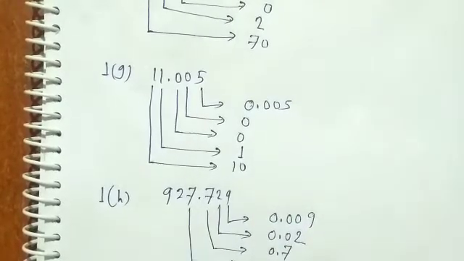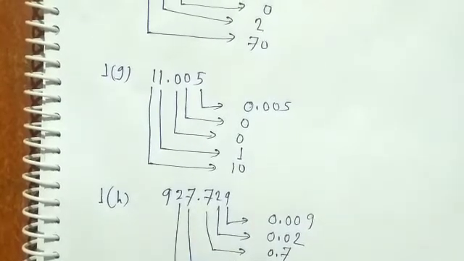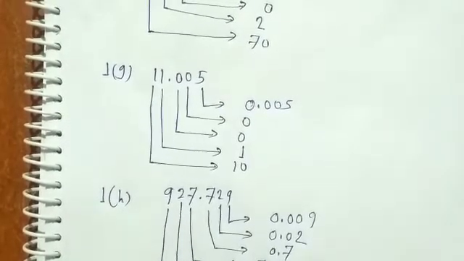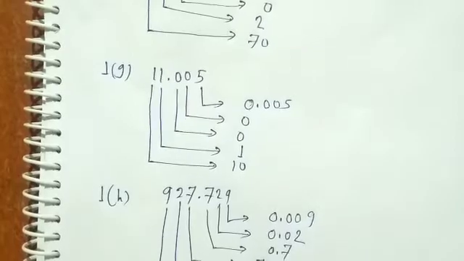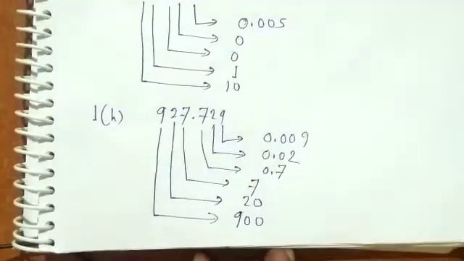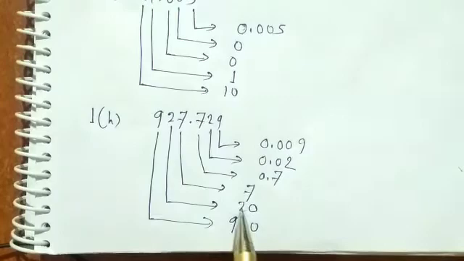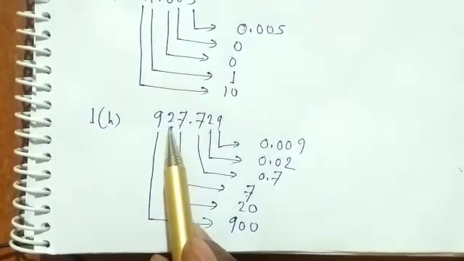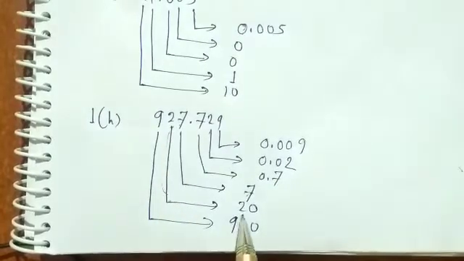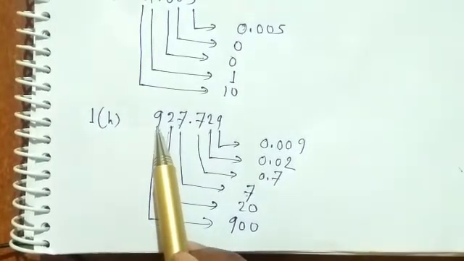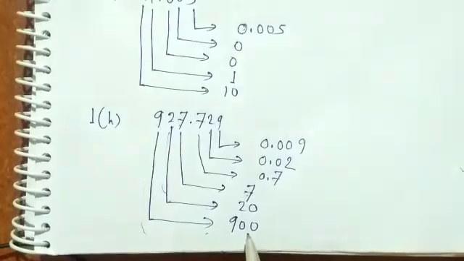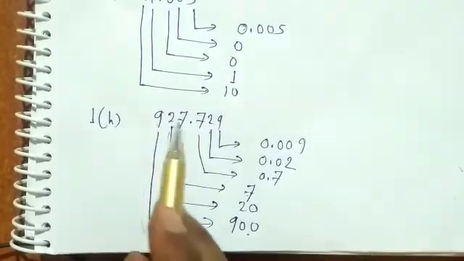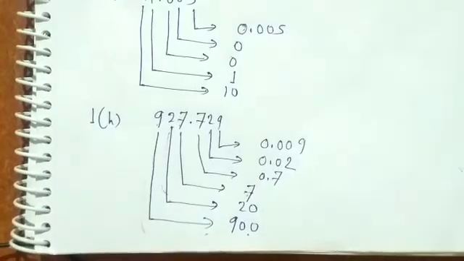Now the place value of 7 is 7, because 7 ones are 7. Place value of 2 is at the tens place, so 2 into 10, 20. 9 is at the hundreds place, so 9 into 100 will be 900.